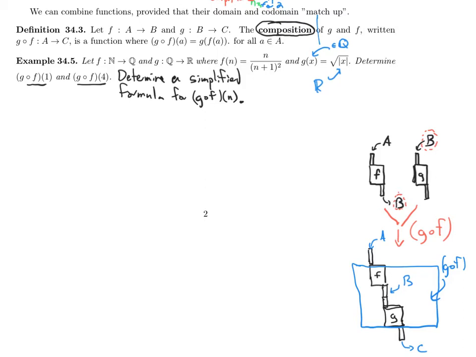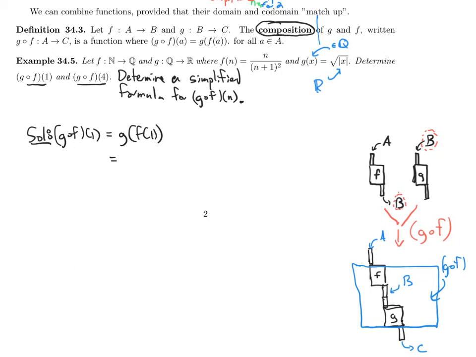Okay, let's go ahead and do this. Okay, so we are looking for, first of all, G of F of 1, which is G of F of 1. And G of F of 1, well, we know how to figure out what F of 1 is.